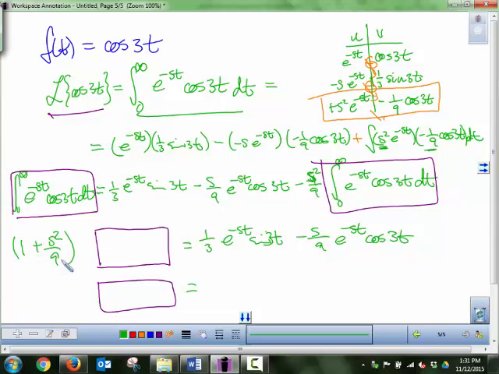Is that right? So if we divide by that, it becomes 9 over 9 plus s squared. Is that correct? And so I'm just going to rewrite everything else. Hopefully my signs don't make a mistake along the way.